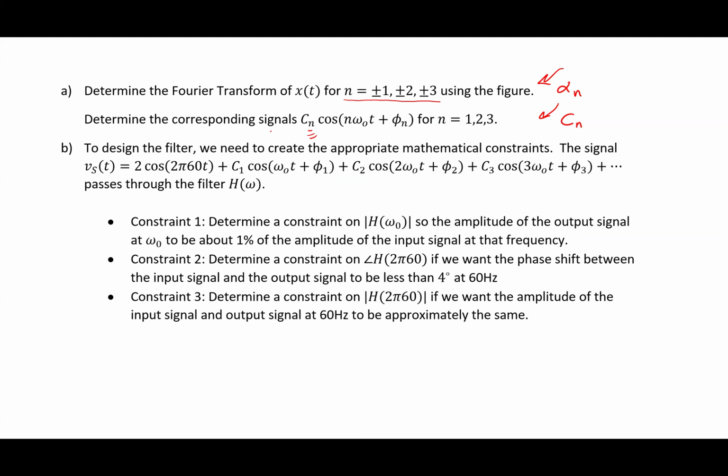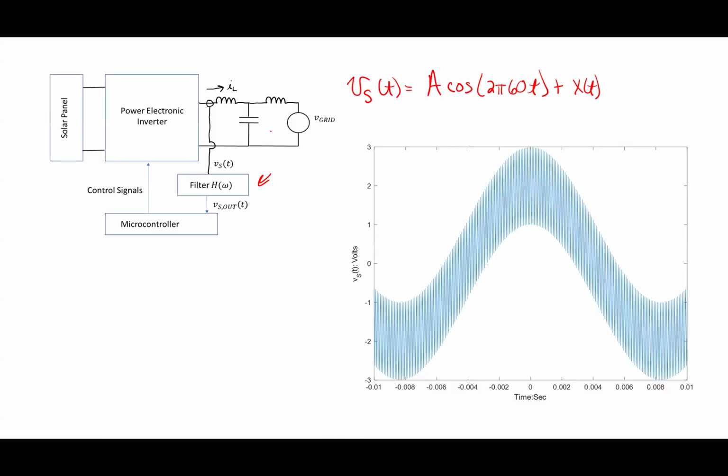Okay. All right. So what I'm asking you to do here is to design the filter. So what I did was just the filter being, in this case, Vs is the measured current, and then I'm giving the microcontroller a filtered version of that.